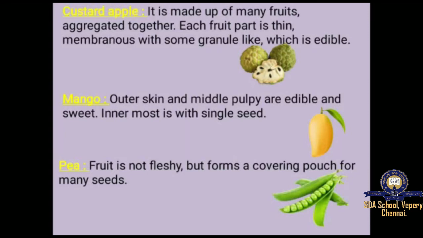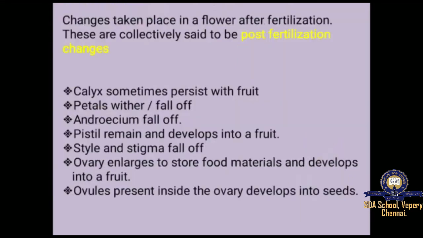Innermost is very hard and it is a single seed. Look at this pea. The fruit is not fleshy but forms a covering pouch for many seeds. Hence, with these observations, we shall list the changes taking place in a flower after fertilization.